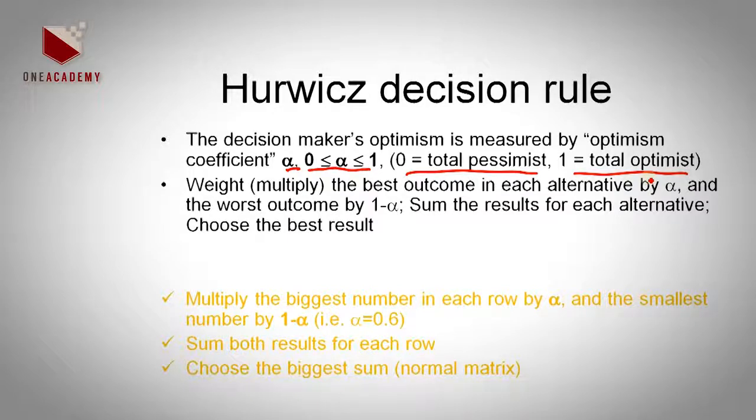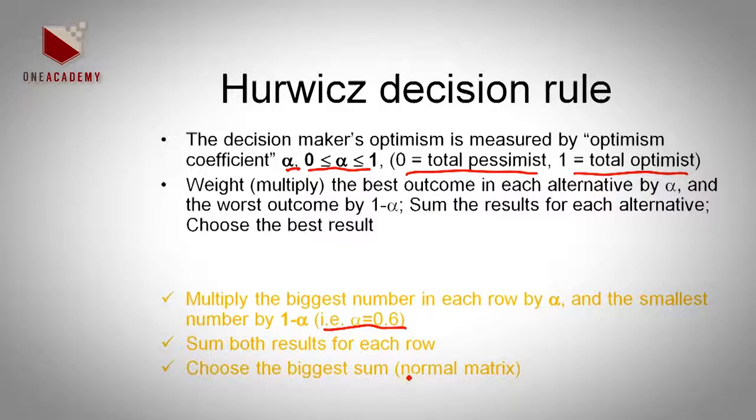So basically what we do is take the best features of the two previous decision rules, the Wald decision rule and the totally optimistic decision rule. So let's assume alpha is 0.6. So a fairly moderately optimistic decision maker.